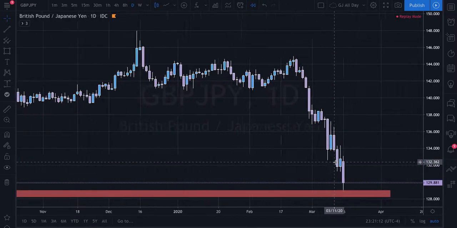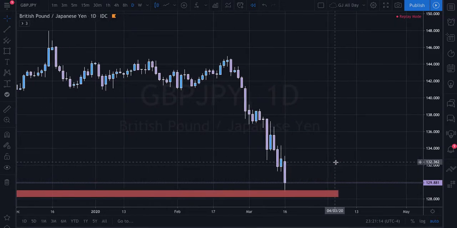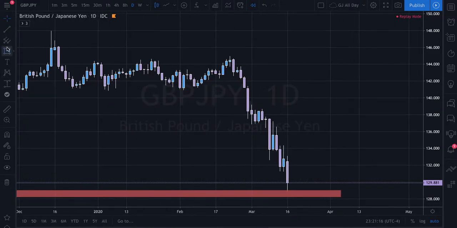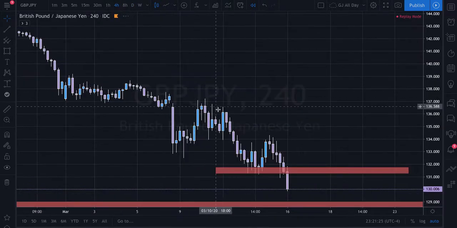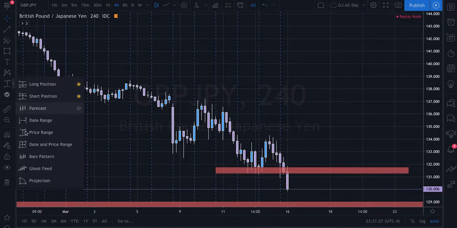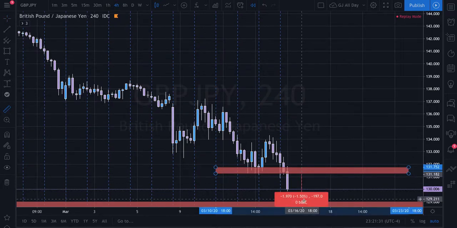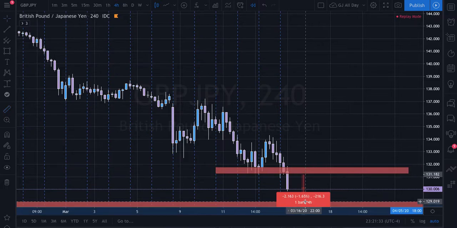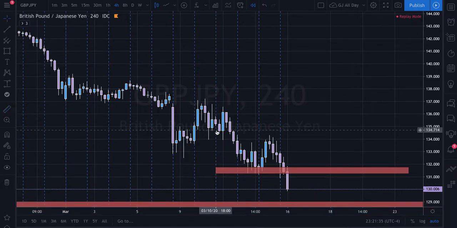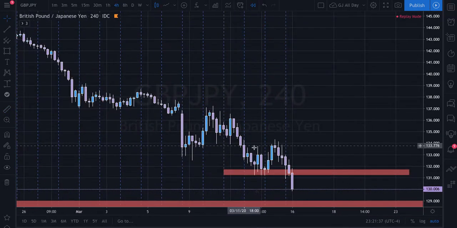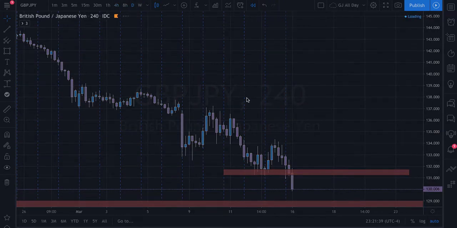So we use that, and maybe this. We've got our daily range, which is about 216 pips.